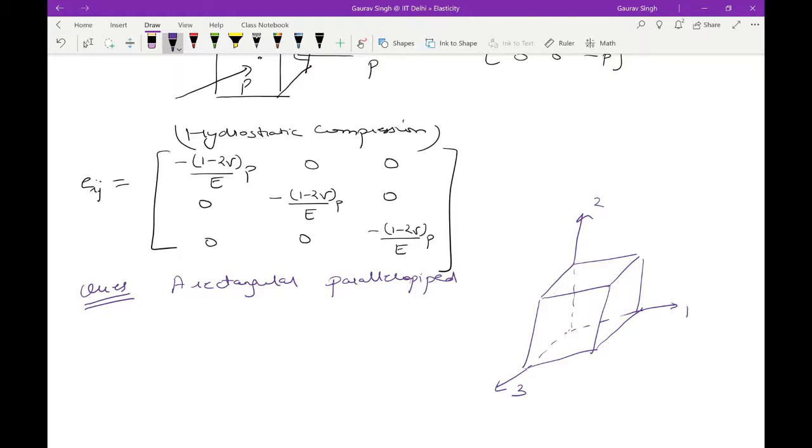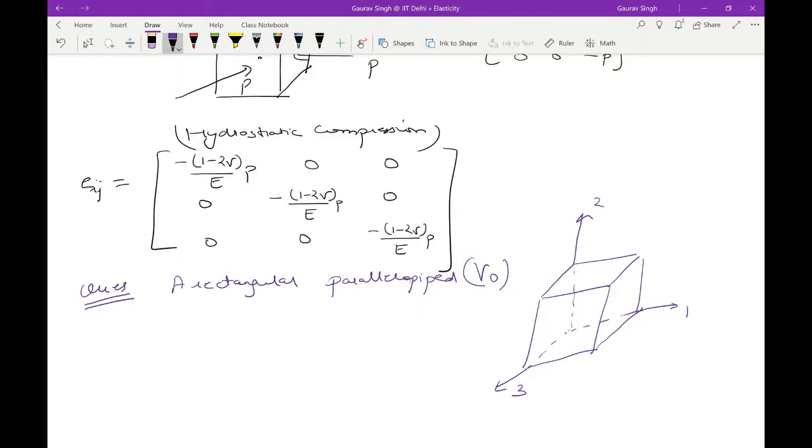So the original volume of this is V naught, and it is oriented such that its edges are parallel to the principal directions. So 1 2 3 are the principal directions, and it's shown to us.